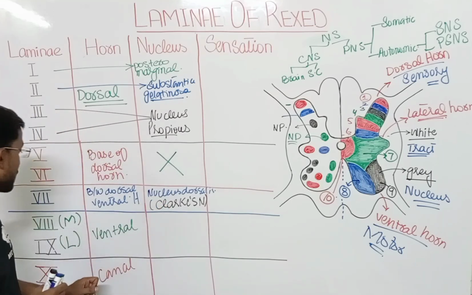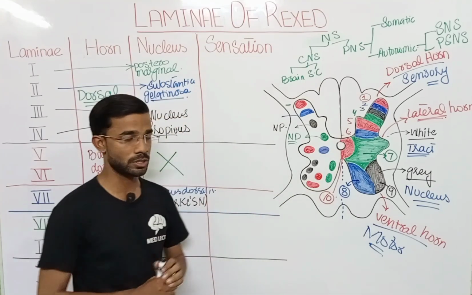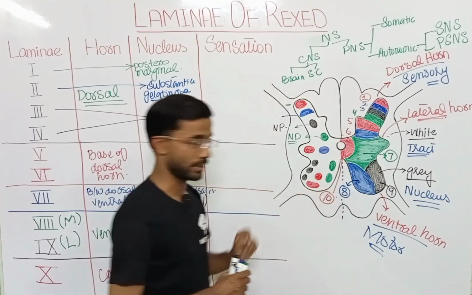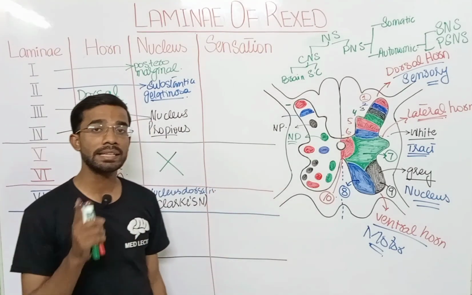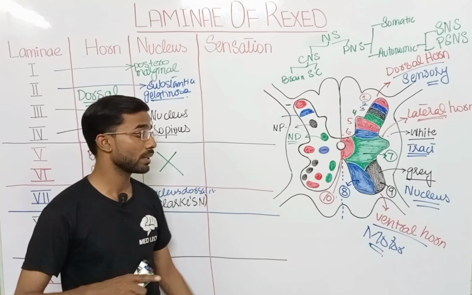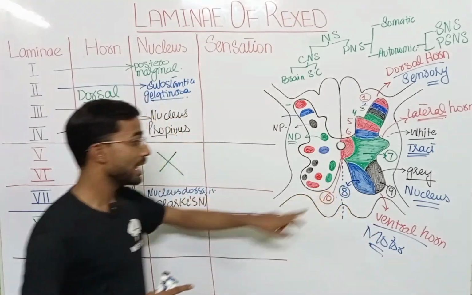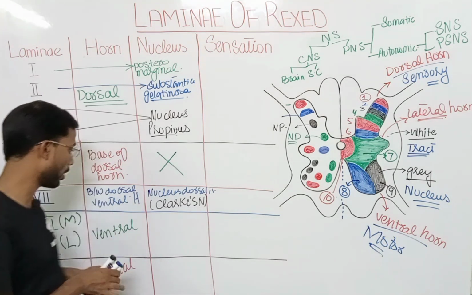Okay. Next are the 8th and the 9th, which are very important. In the 8th and the 9th, you will see the nuclei that are present in the ventral horn. In the ventral horn, we divide the nuclei into 3 categories: lateral, central, and medial.